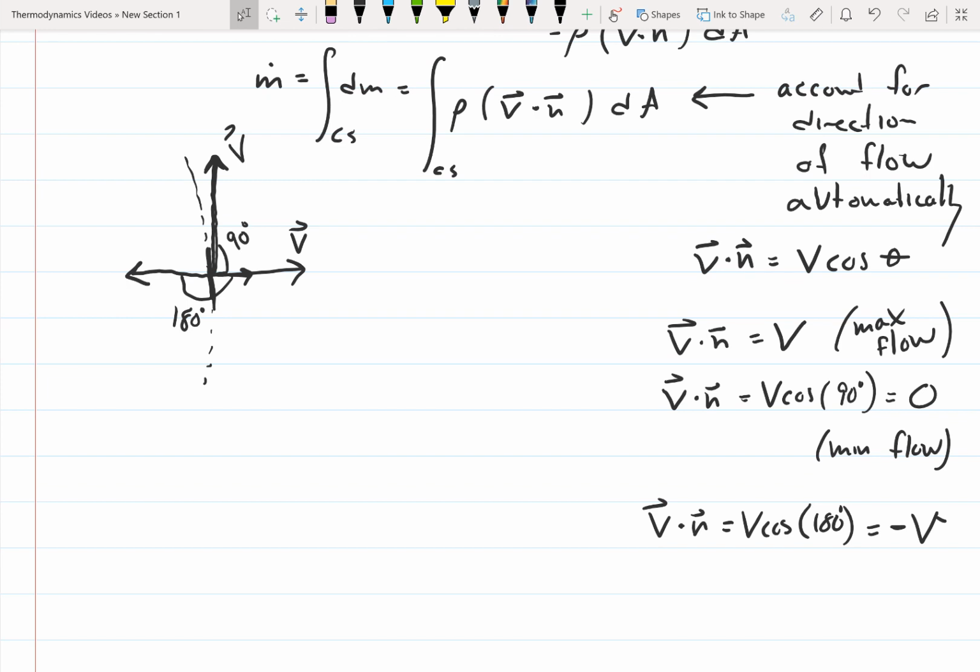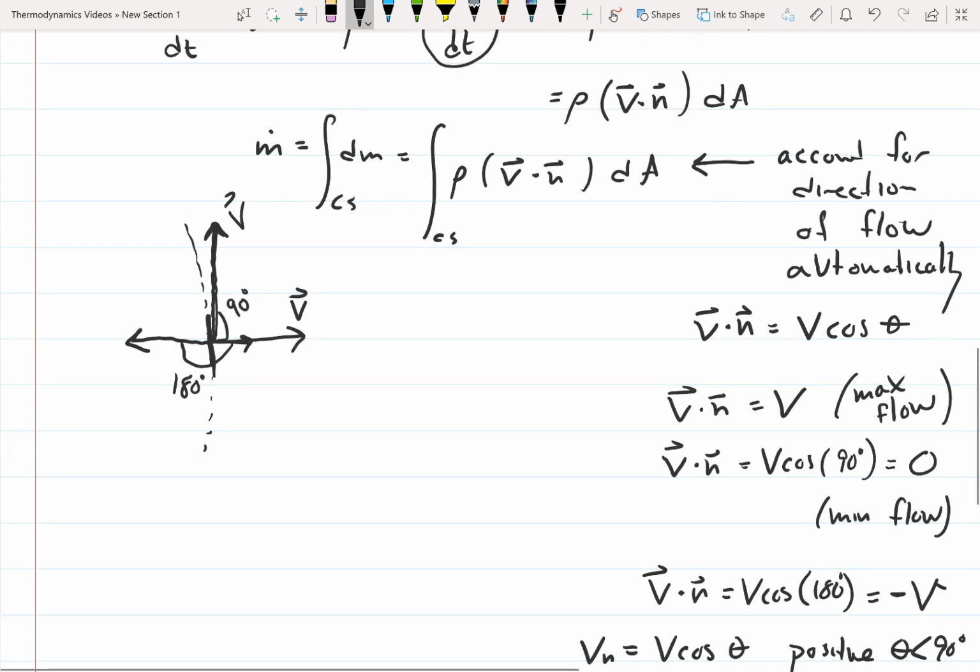And so basically, remember Vn is equal to V cosine of theta. This is going to be positive if theta is less than 90 degrees, and it's going to be negative if theta is greater than 90 degrees.